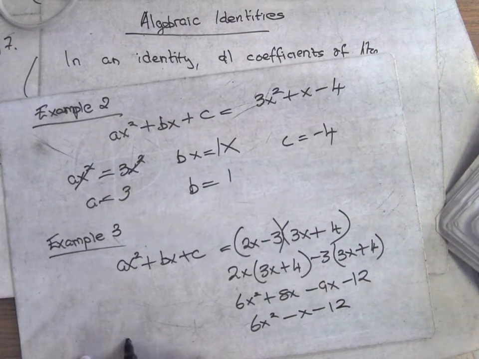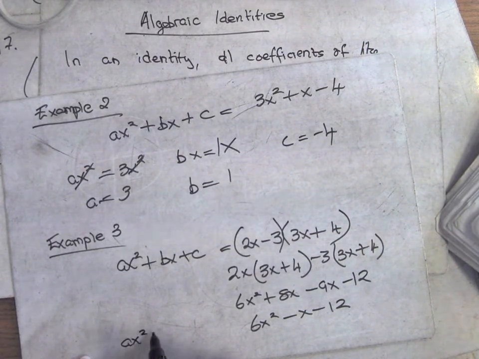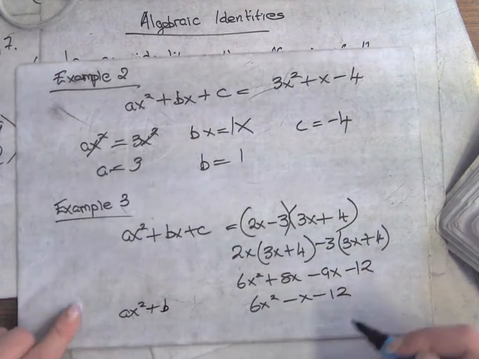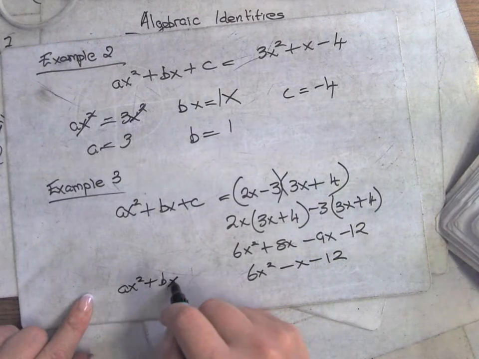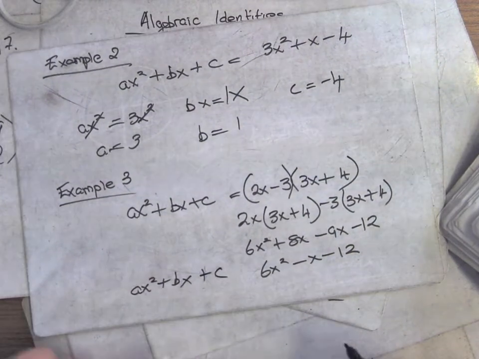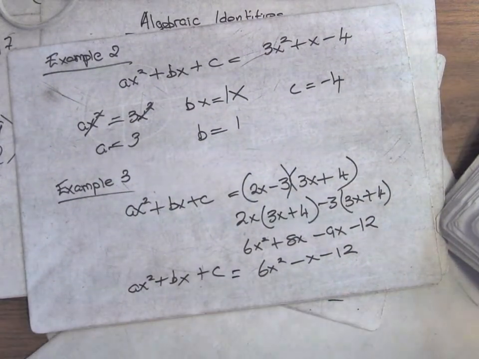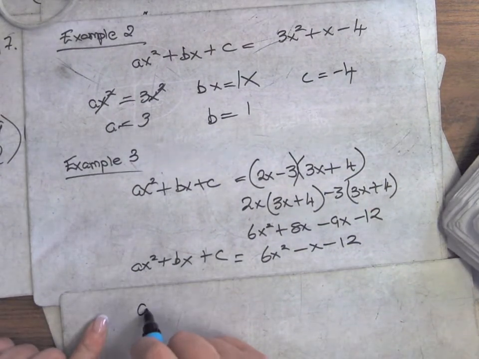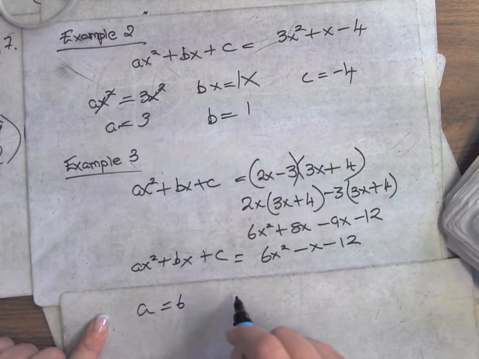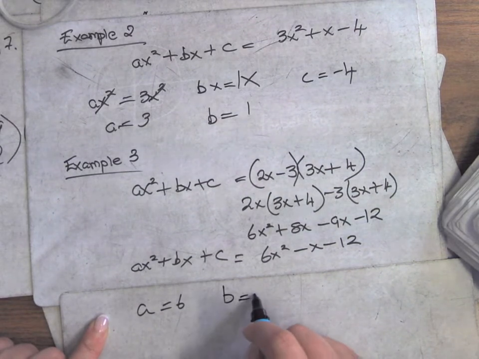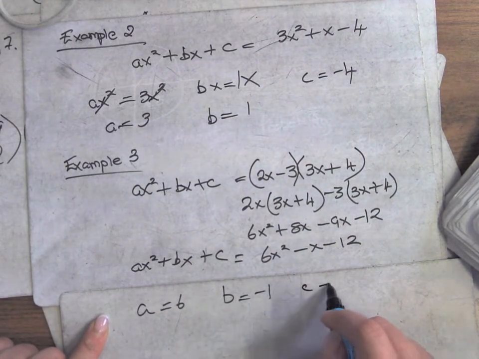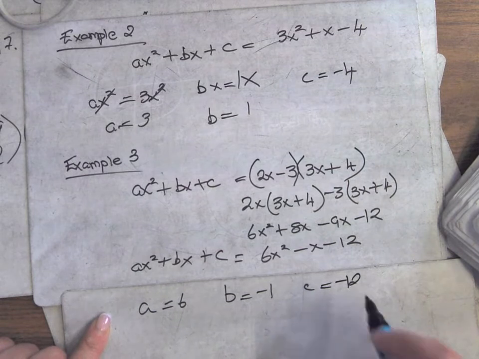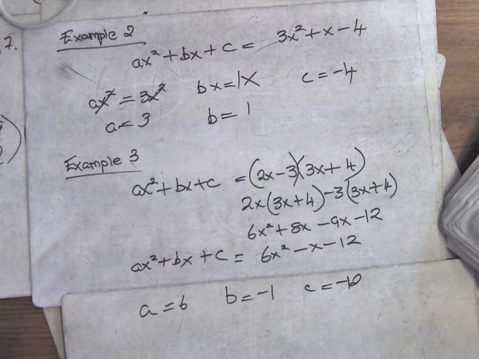So then I have ax squared plus bx plus c equals all of that. So what is a equal to? 6. What is b equal to? Minus 1. And what is c equal to? Minus 12. Happy with that? Still not too bad.